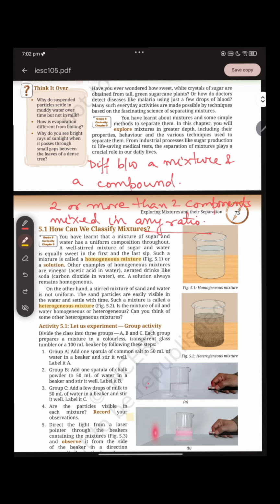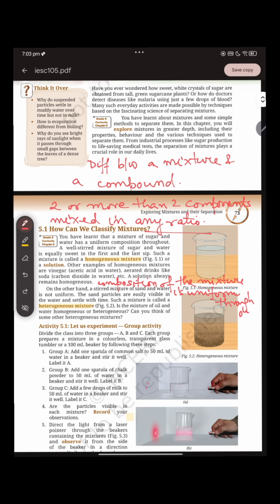Or rather, I can say that if the components of the mixture mix together in such a manner that the composition of the mixture is uniform throughout, then it is known as homogeneous mixture.